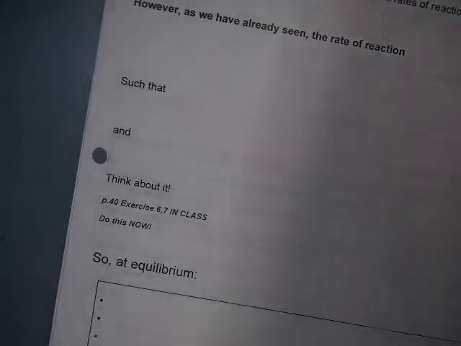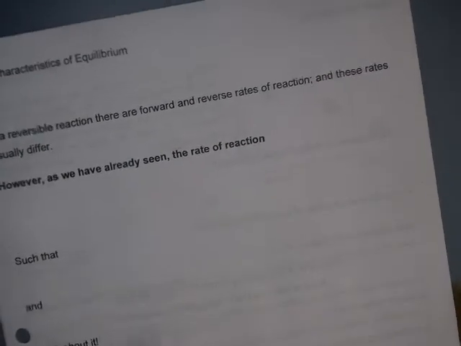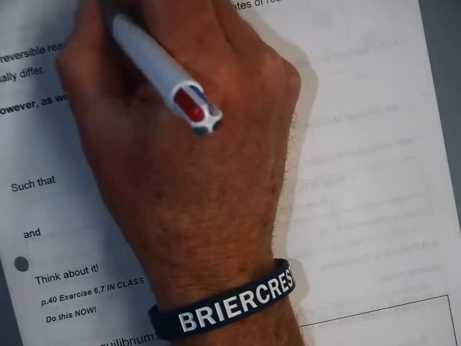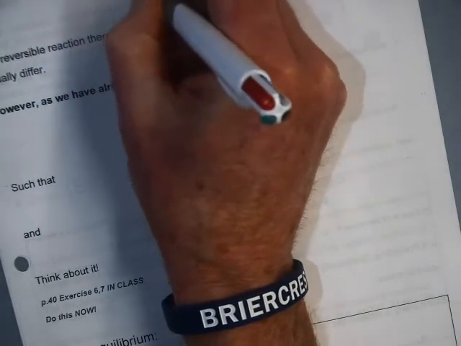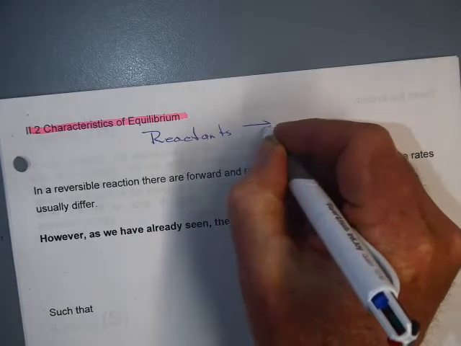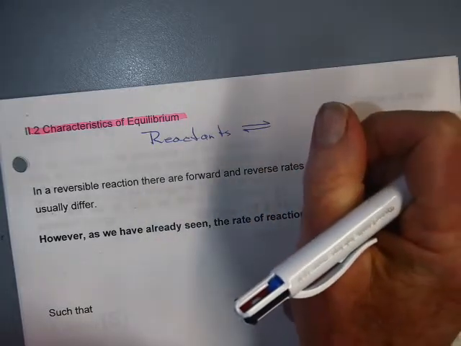So we are now at reactants. A double-headed arrow like that means this goes in both directions, which means that this is an equilibrium reaction.